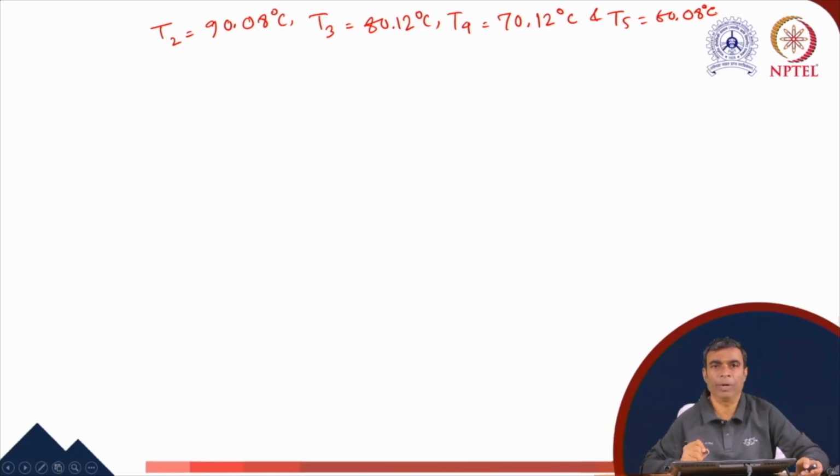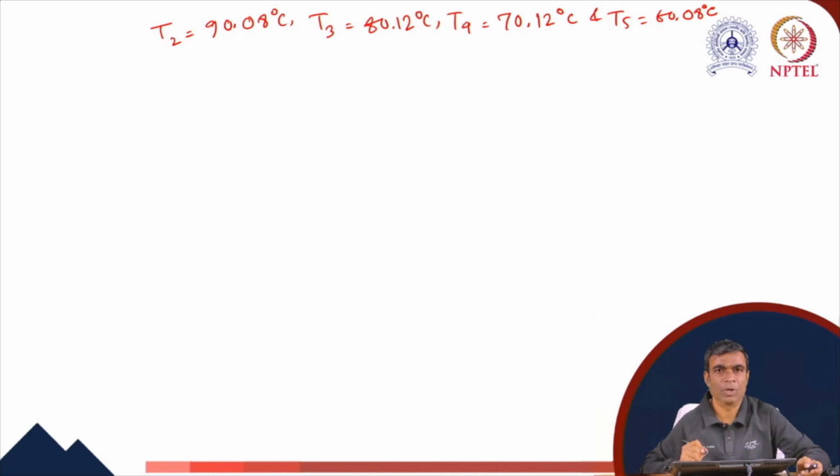So for a simple one-dimensional problem, the finite volume and finite difference methods lead to the same solution. Once the finite element solution is obtained, it will be found that even the finite element solution matches the finite difference and finite volume solutions.